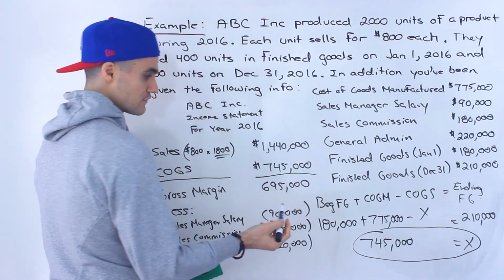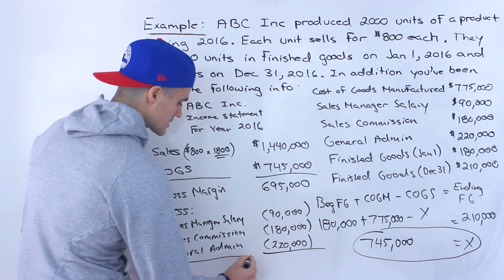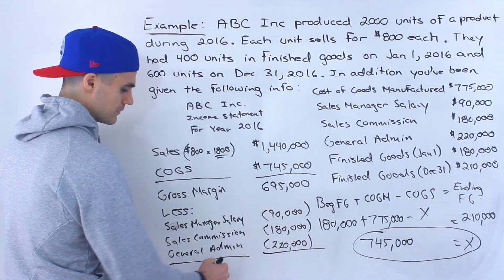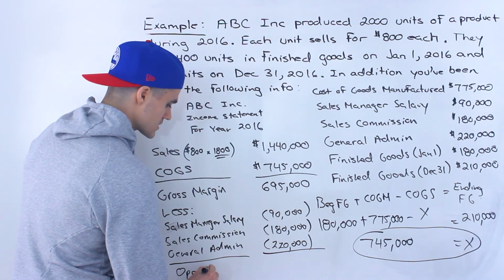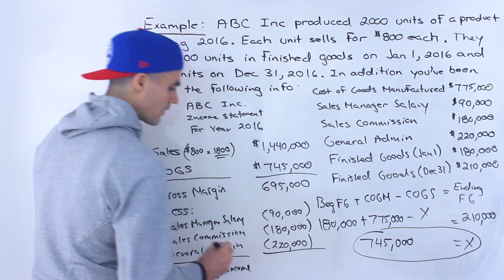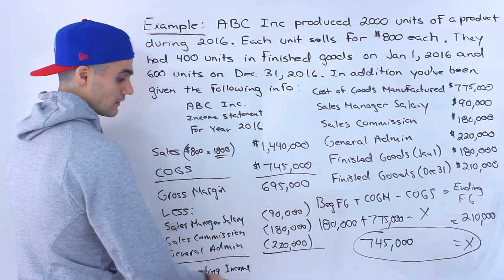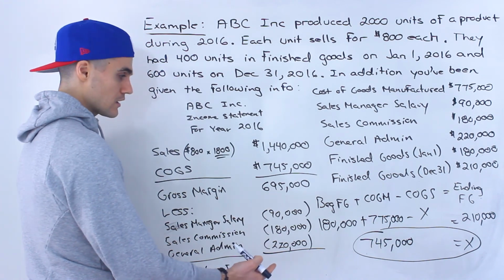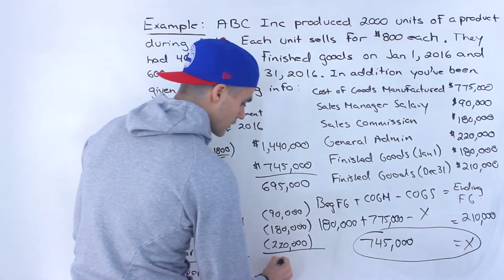And then 695,000 minus 490,000. That would give us, sometimes you'll see here net income. Sometimes you'll see operating income. I'll put operating income just because net income includes taxes and all that. So the final line on the income statement, in this case, with this information we're given, is 205,000.